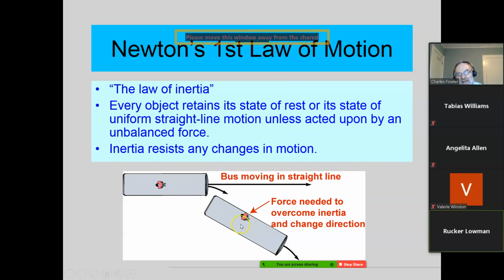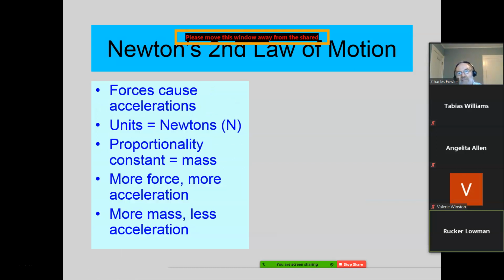It's pushing you down to change your direction, not necessarily change your speed. That is also a change of motion, because it's an acceleration. Any change of velocity, whether it's the magnitude of velocity, increasing or decreasing, or the direction of your velocity, any change is an acceleration. Forces, unbalanced forces, cause accelerations.